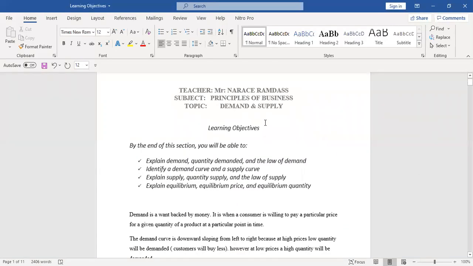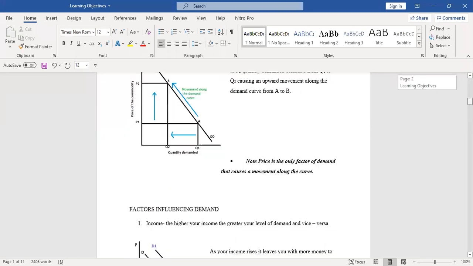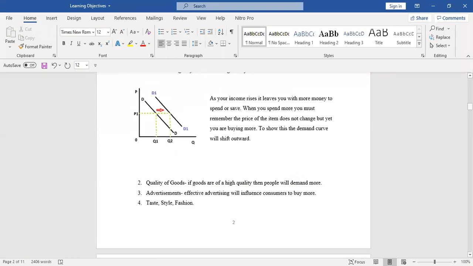Now, going back to our learning objectives here, we were able to explain demand and quantity demanded and the law of demand. Now, what is the law of demand? We talked about it, but I did not identify it as being the law. We talked about it a lot. Write this down.